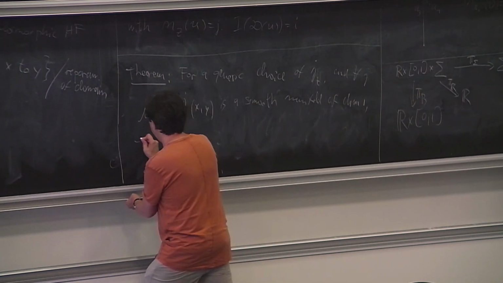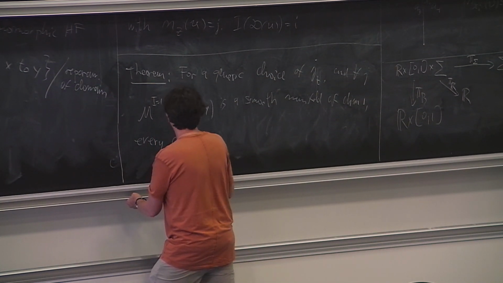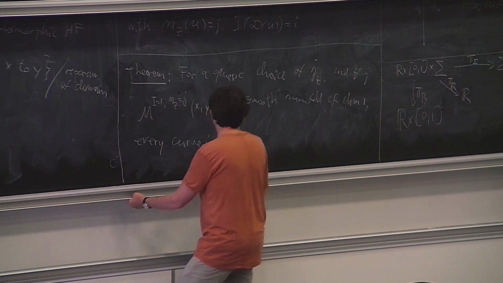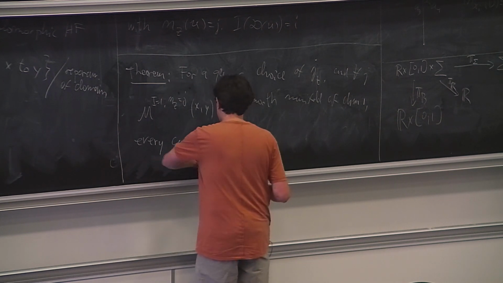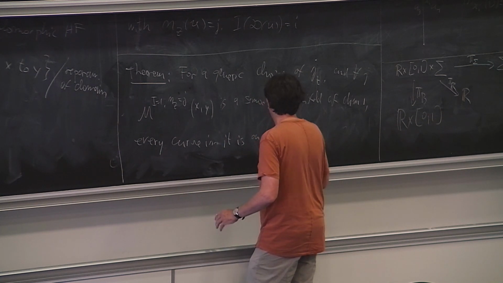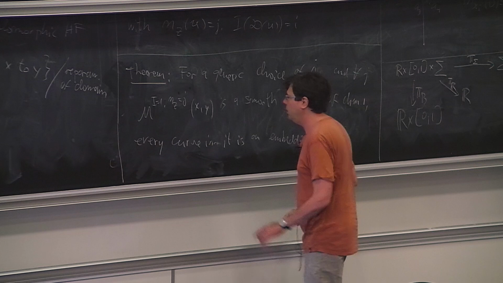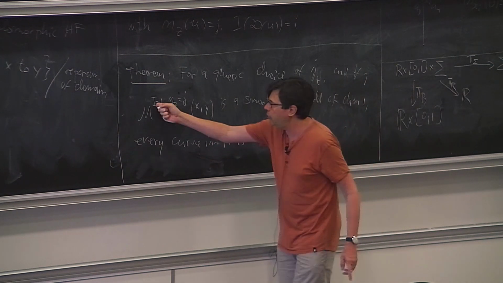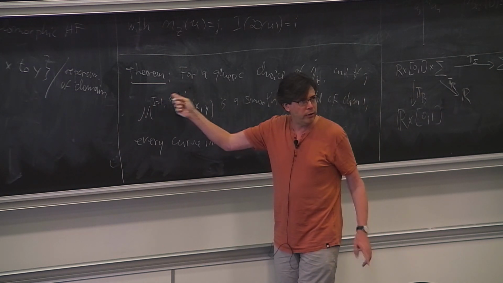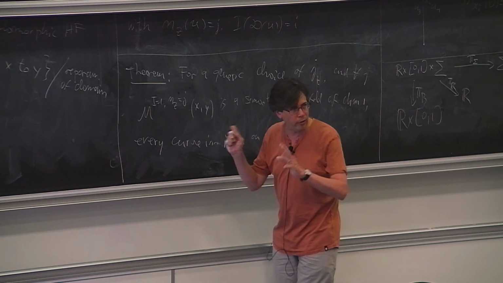Every curve in it is an embedding. So here it comes the embedding. It's a consequence of this low index. It's not something that holds for every holomorphic curve.